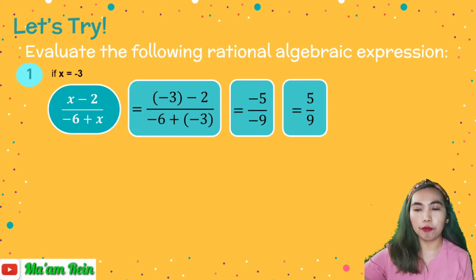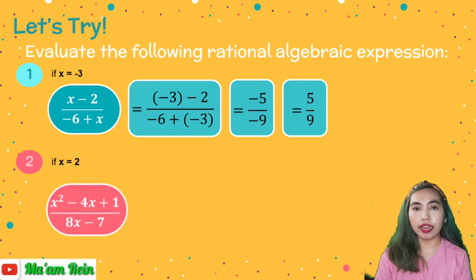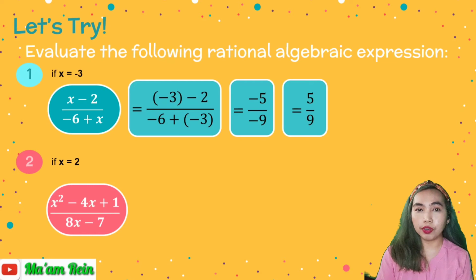Let's have another example. If x is equal to 2, we have this expression, x squared minus 4x plus 1 all over 8x minus 7. So as I have said, you have to substitute the values of x in that expression.